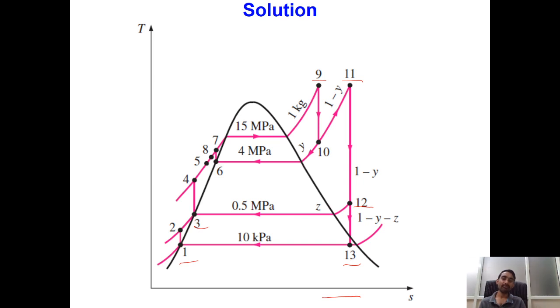Now we have two questions which are asked. First, we have to determine the fractions Y and Z that we have taken out of the turbine, and next we have to determine the efficiency of the overall cycle.